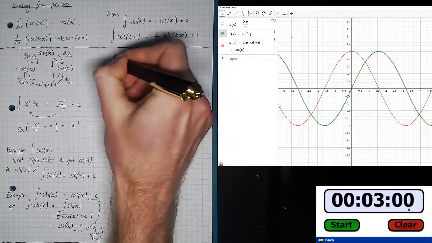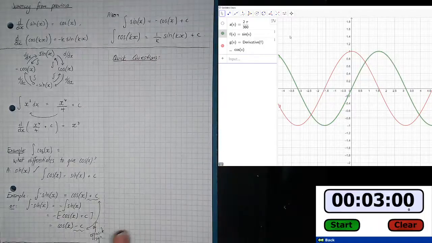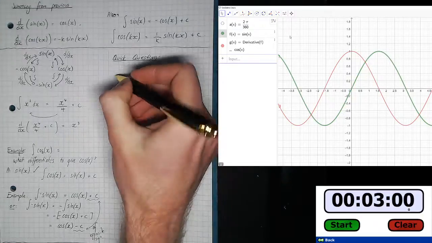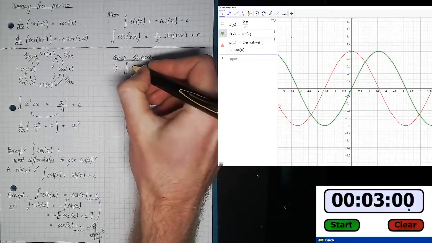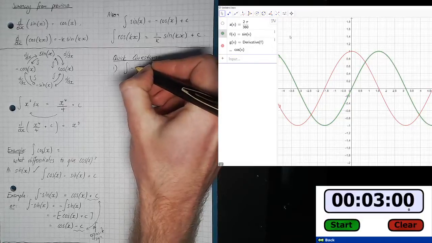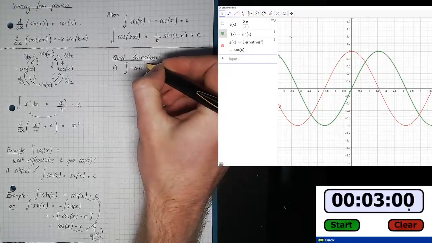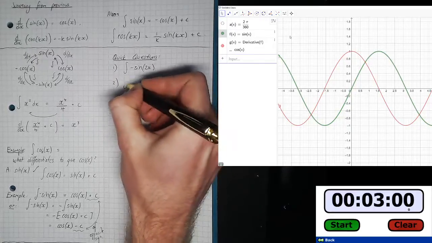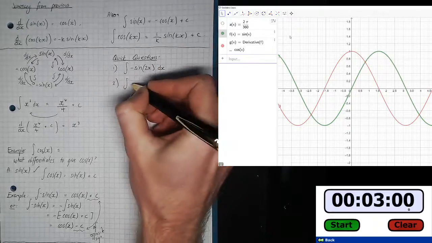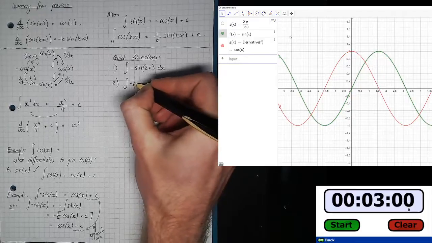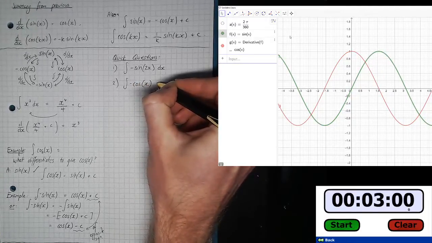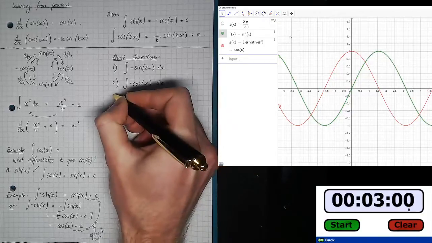So let's try a couple of quick questions just to see how we are doing. Let's do the integral of negative sine 2x with respect to x. Let's do the integral of negative cos x dx.